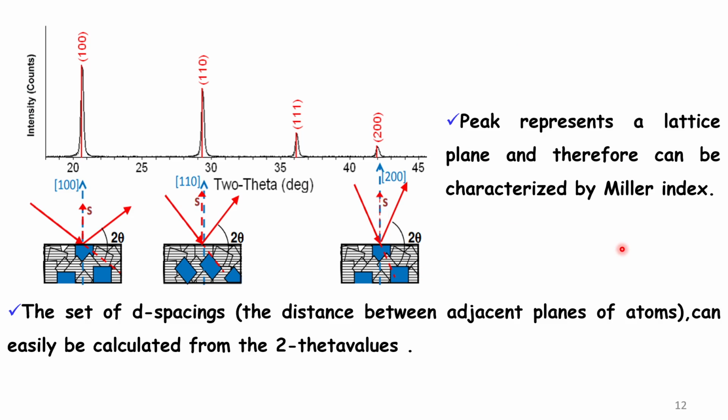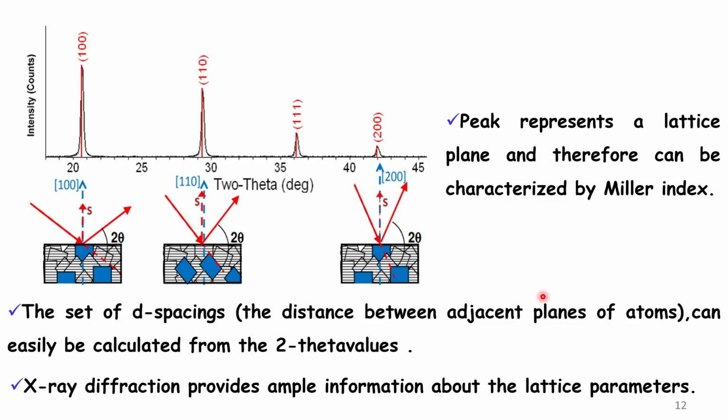So by plotting the graph of intensity recorded by the detector against 2 theta, we observe that there are different peaks corresponding to the different orientations of the planes, and by using this we can determine the d spacing, that is the interplanar spacing of the different crystalline planes.